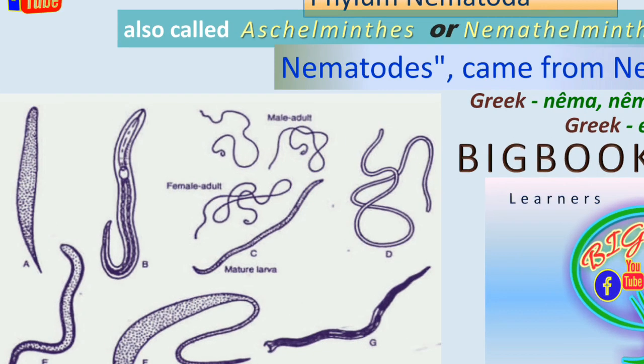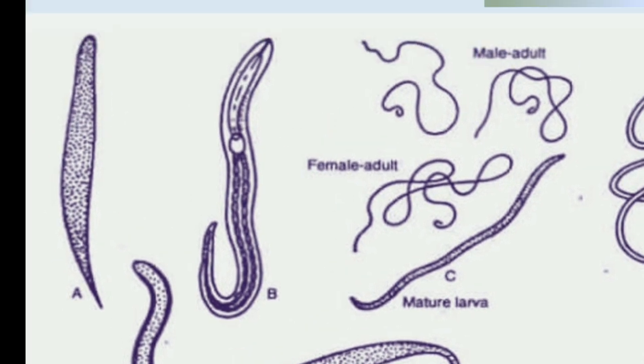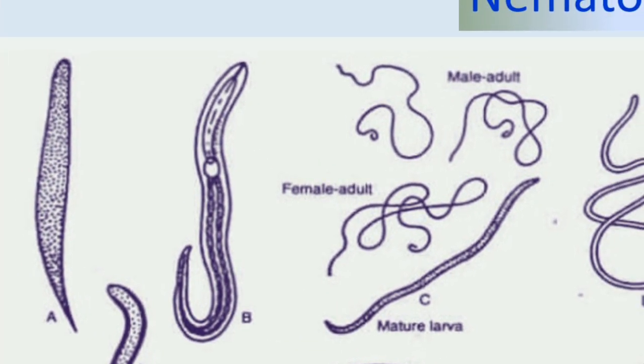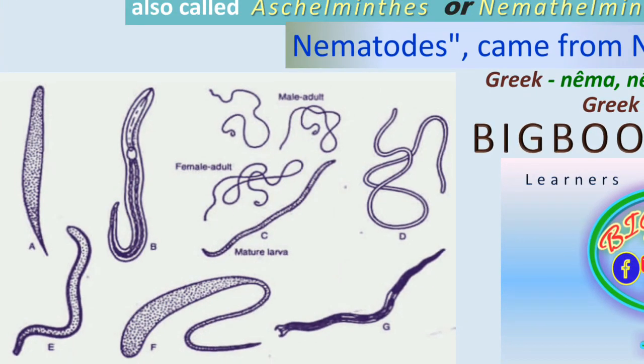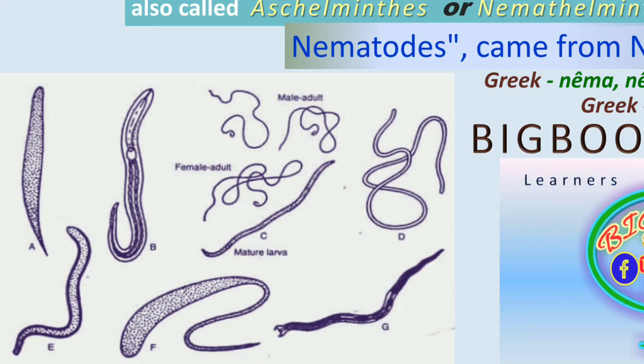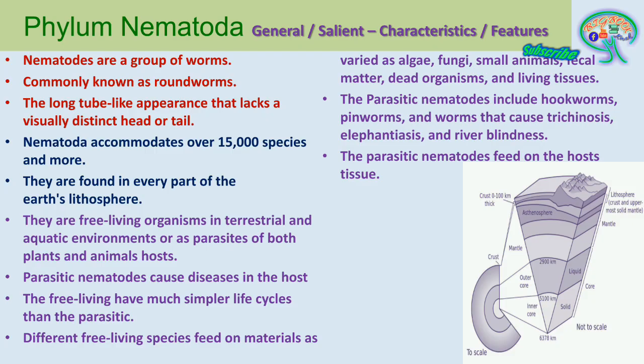When you observe these diagrams, you cannot tell which is the head and which is the tail, because there are no distinct sensory organs or tissue organs visible to the naked eye. So visually you can't see the head or the tail.